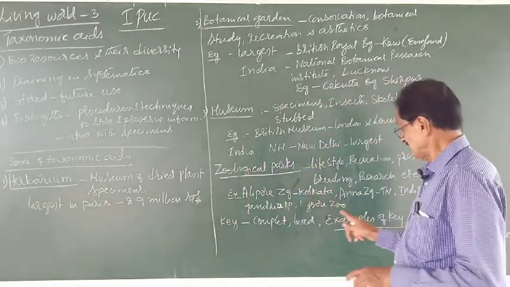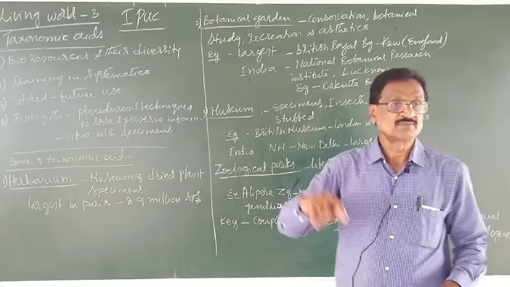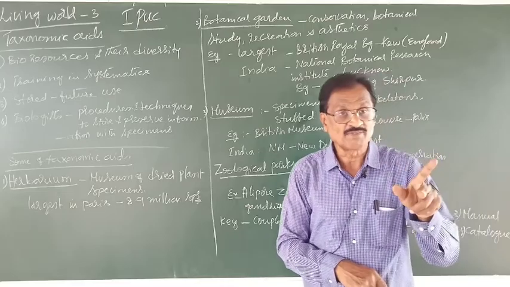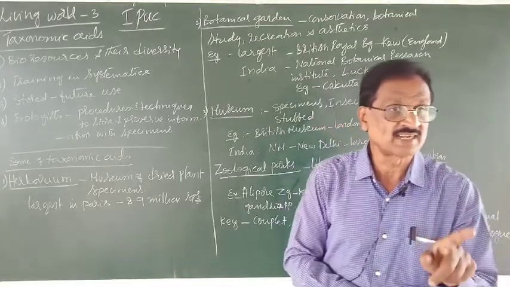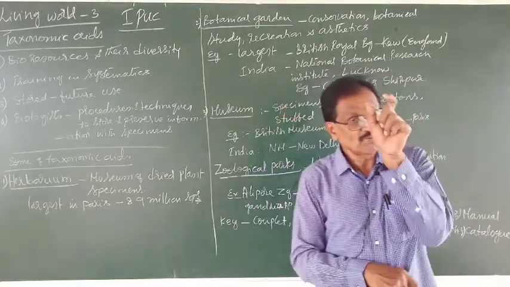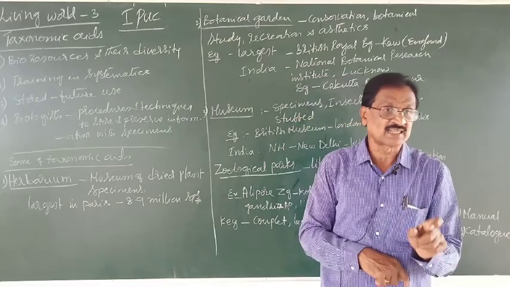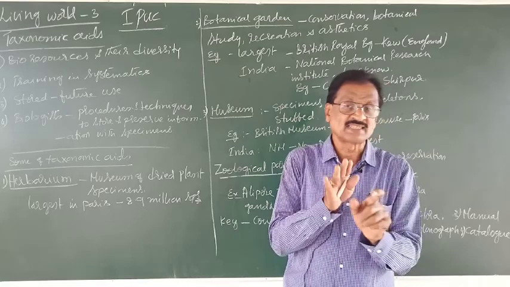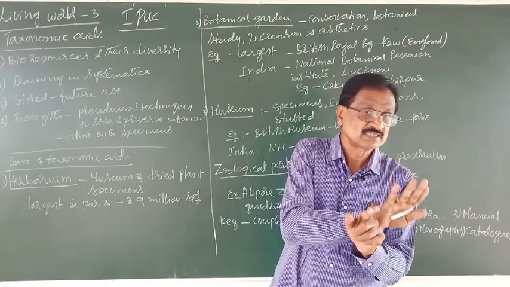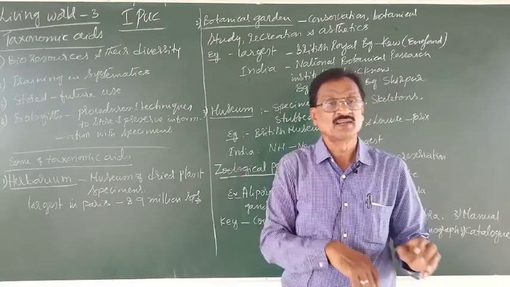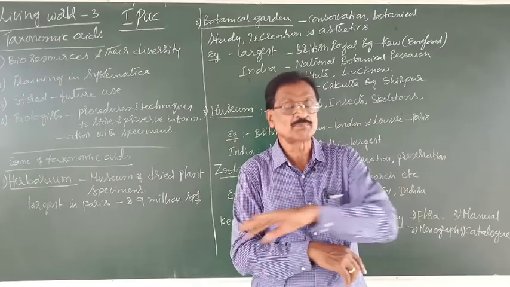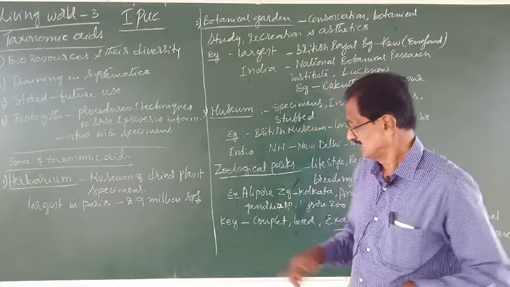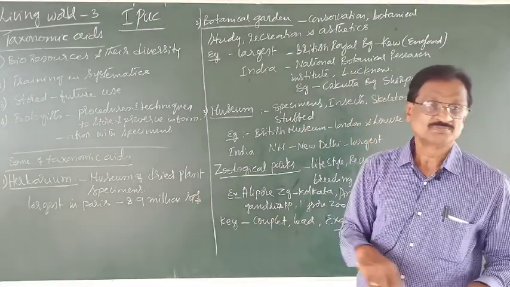Then, what is the couplet? Couplet is based upon a pair of contrasting characters. Whenever we list the contrasting characters, out of these, one is rejectable and another is acceptable. Each step in a key is a lead.